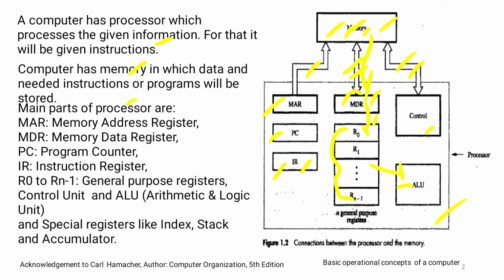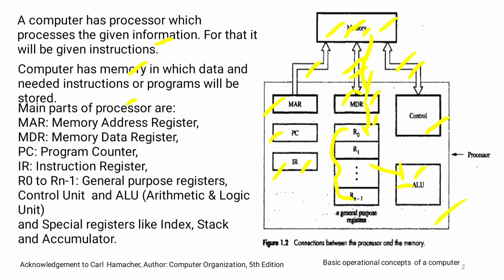This is the control unit that generates control signals and sends them to all different parts of the processor so as to control and coordinate their activities. ALU means arithmetic logic unit, which does the actual arithmetic and logical operations needed for processing the information.